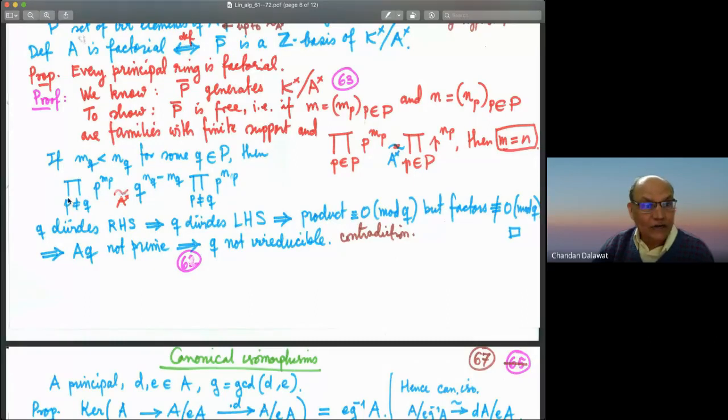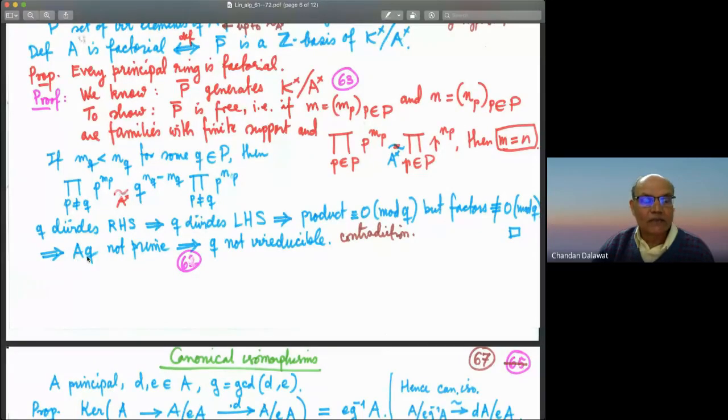Remember, it doesn't divide any of the factors because all these factors are irreducibles which are different from this irreducible Q. So this product of these things is 0 modulo Q, whereas none of the factors is congruent to 0 in the quotient modulo Q. And remember, Q being an irreducible element generates a maximal ideal. So how can a product of factors which are not 0 be equal to 0?